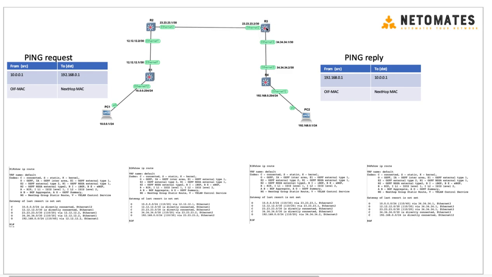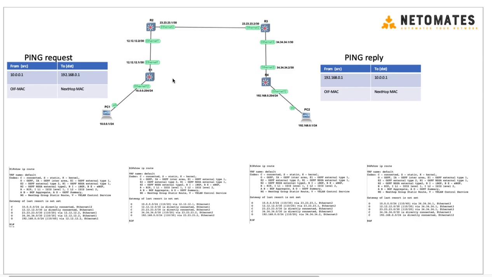Once the packet comes to R3, R3 checks its routing table and sends it to 34.34.34.2, which is towards R4. Routing is good so far, and 192.168.0.0 is a directly connected route on R4, which we can see in the routing table as a connected route. So it should be good.